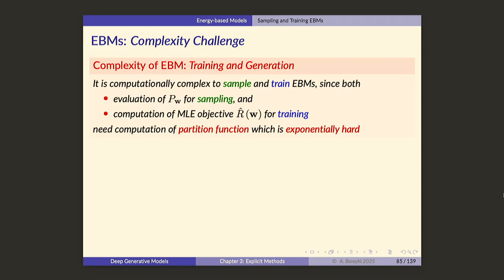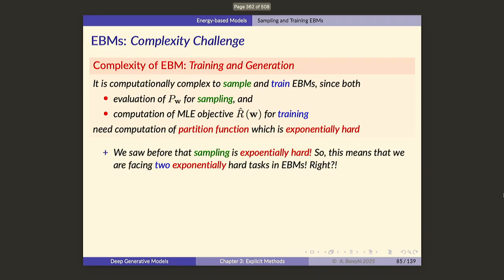So that being said, this might come to your mind: now we are actually in bigger trouble, because before this, when we talked initially about training any model for a distribution, we said that sampling itself is exponentially hard. But then when I wanted to explain this one, I told you, assume that you are able to do sampling.